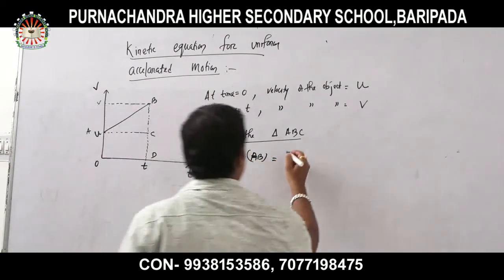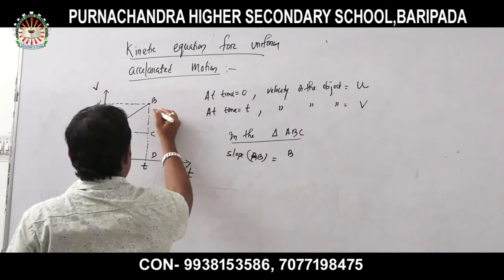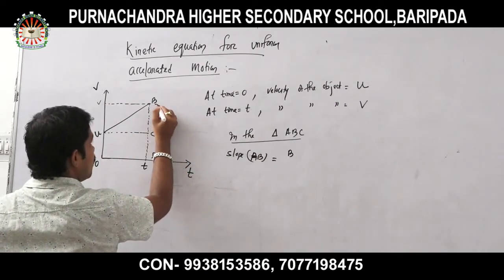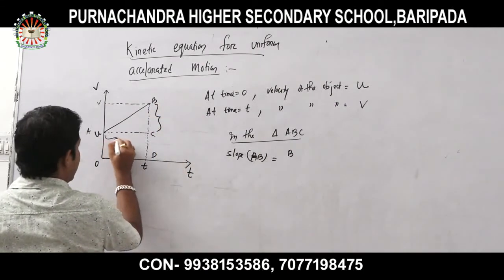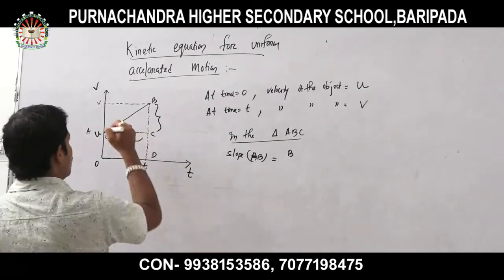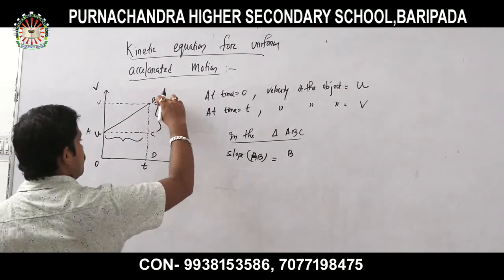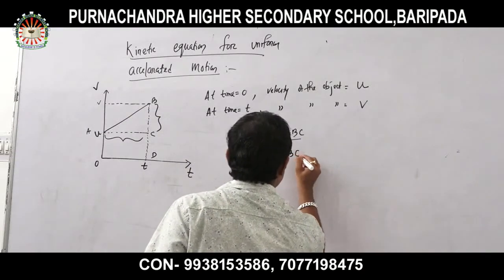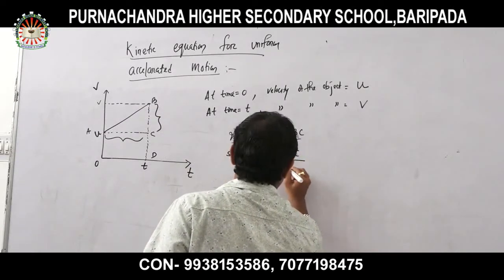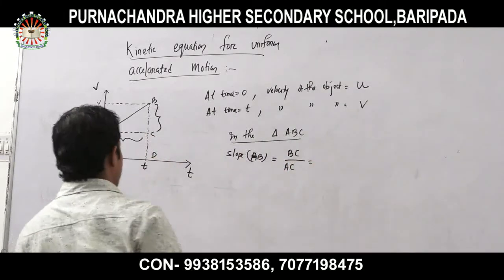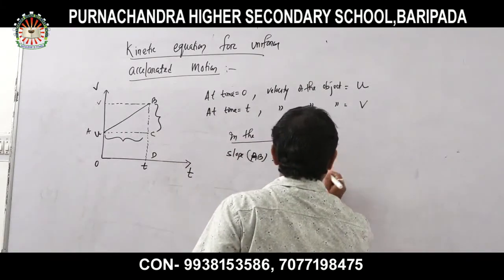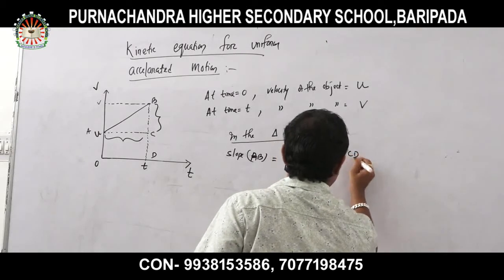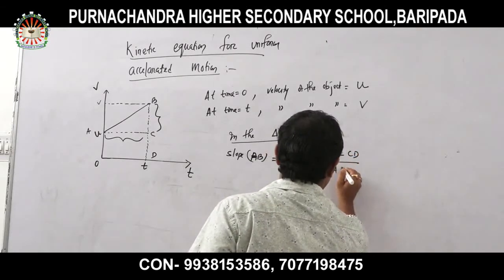Slope AB is equal to this BC divided by this AC. So what is BC? BD minus CD. So BC is equal to BD minus CD, divided by AC.